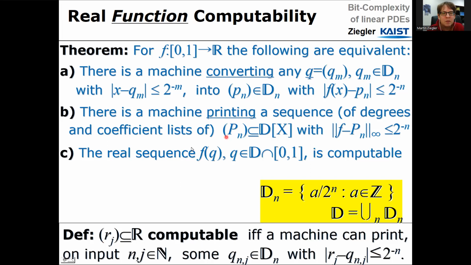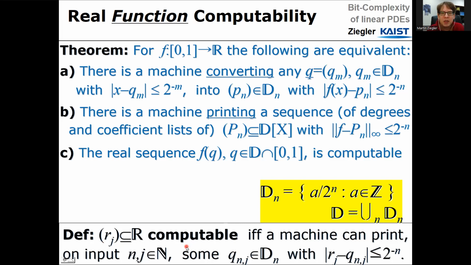And the third definition involves real sequences, namely the sequence of values of the function, right? The function has real values, but on input only restricted to a countable set, namely the set of all dyadic rationals. So this is a sequence of real numbers, and the requirement is that this sequence must be a computable real sequence in this sense.